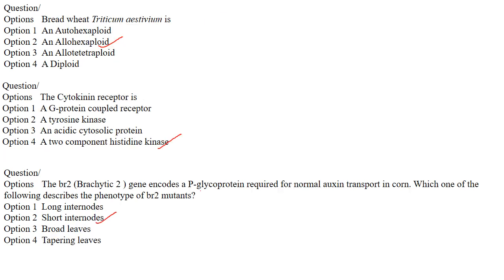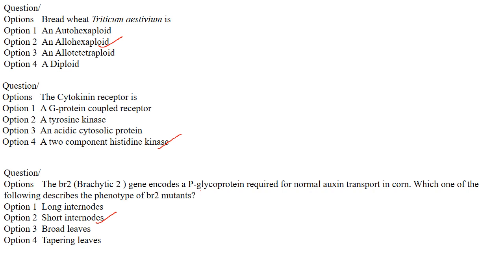Then, bread wheat, Triticum aestivum, is an allohexaploid. The cytokinin receptor: cytokinin is a plant hormone. The receptor is a 2-component histidine kinase. Then, the BR2 (brachytic 2) gene encodes a P-glycoprotein required for normal auxin transport in corn.